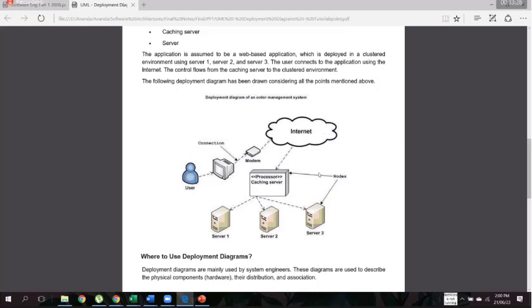Even though this diagram is not drawn in UML notation, it generally captures the idea of which kind of computer and hardware resources we should use for the execution of the software. That's the idea here. It could be computer hardware, or other network hardware can be involved.